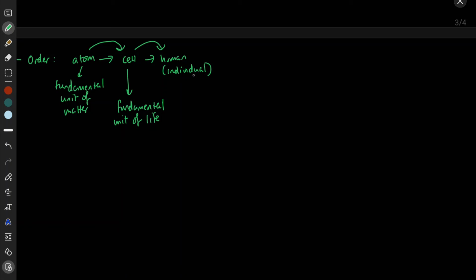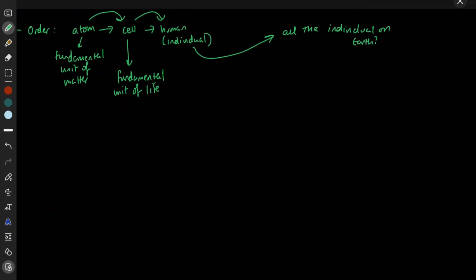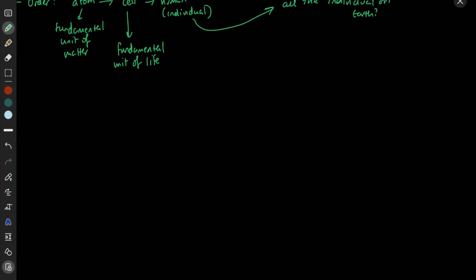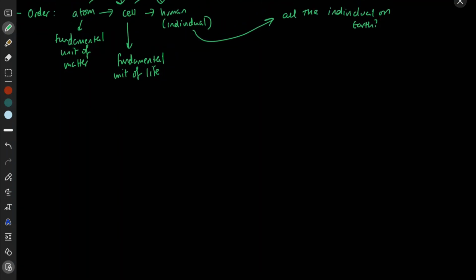Well, now how do we go from the individual to all the individuals on Earth? That's what we're about to do now. We'll go from the individual to pretty much Earth, just like we did from the atom to the individual in part 1 of lecture 1, and that's how we'll wrap up this video.